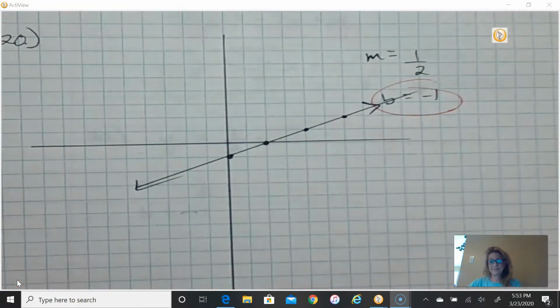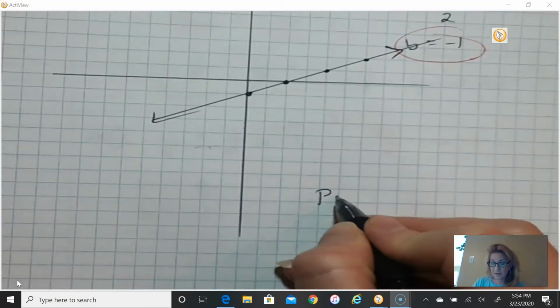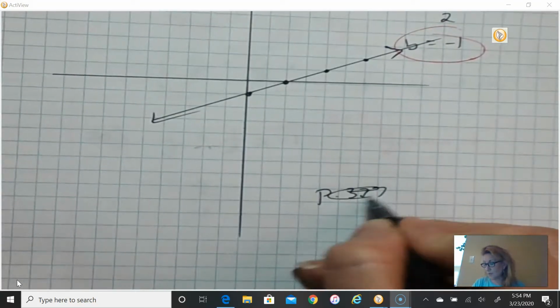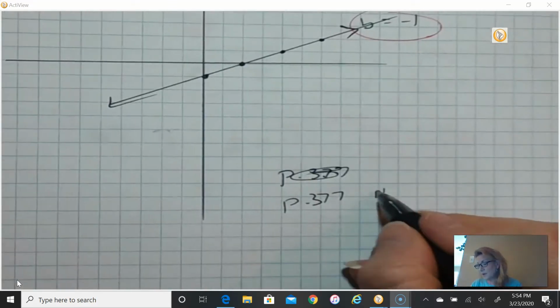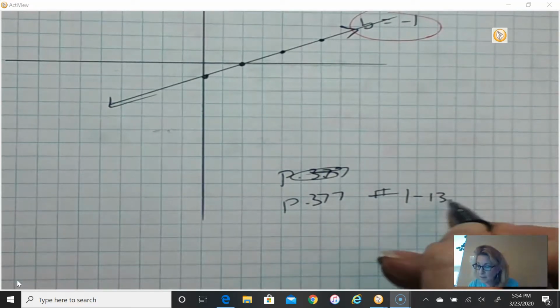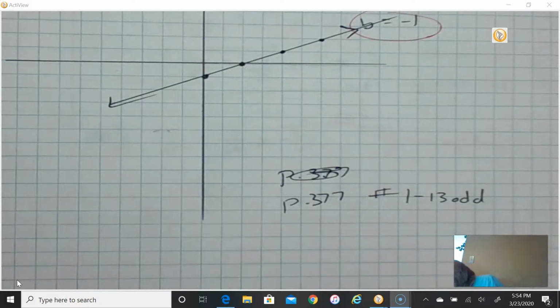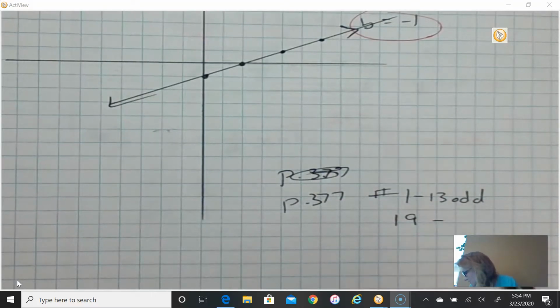There you go. Okay? All right, you guys are going to be doing page 377, and you're going to be doing numbers 1 through 13 odd. That's 1, 2, 3, 4, 5, 6, 7, and then 8, 9, 10, 11, 12.